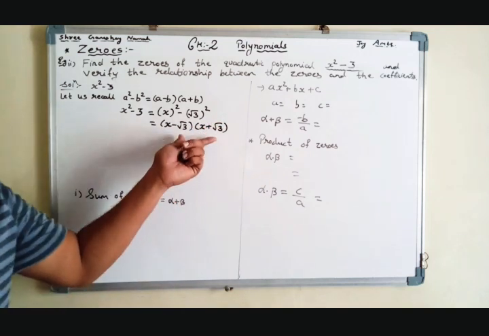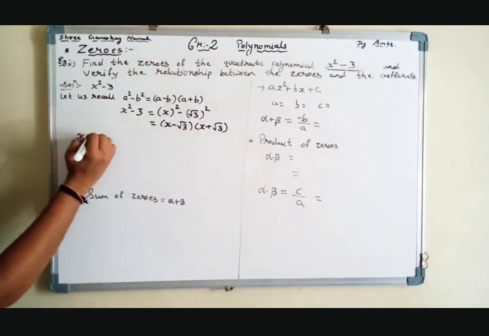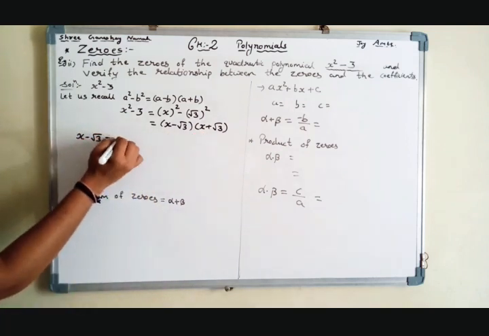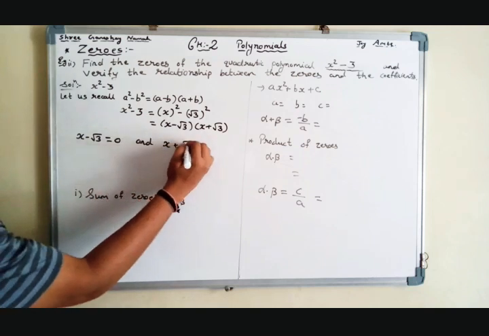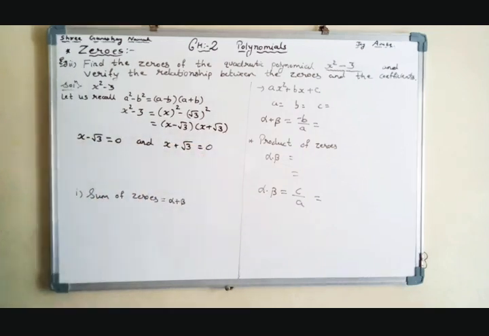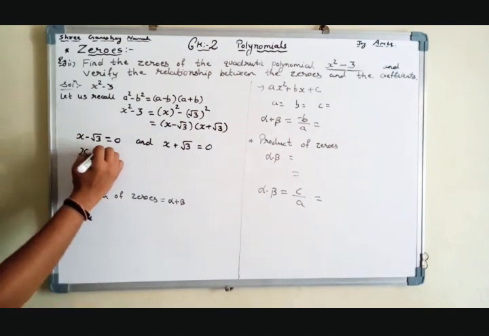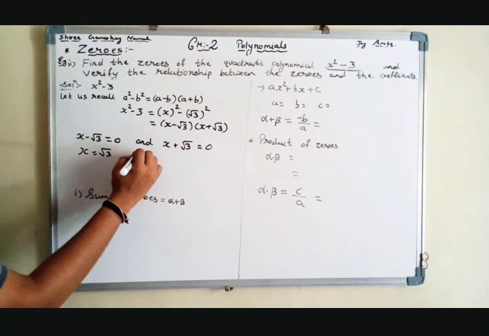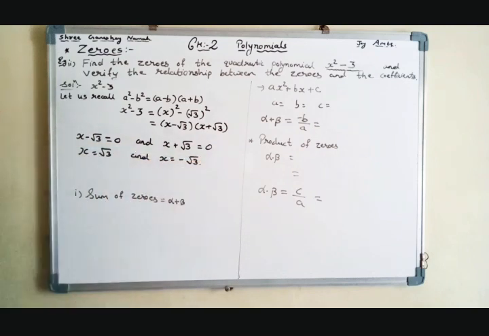So we get two factors. Now we will find two zeros. So what we have to do? x minus root 3 equals 0 and x plus root 3 equals 0. Root 3 will go to the right hand side, x equals root 3 and x equals minus root 3.